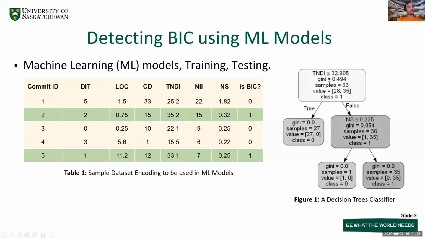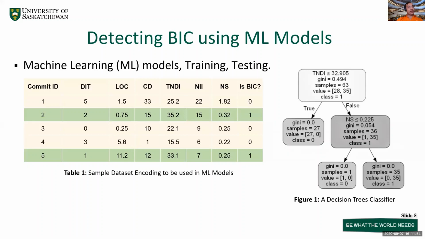If in this node it comes true, it will declare that the commit is not bug-inducing, and if it comes false, then it will check another feature value. If that comes true, it will say that it is not bug-inducing, and if it is false, then it will declare that the commit is bug-inducing.